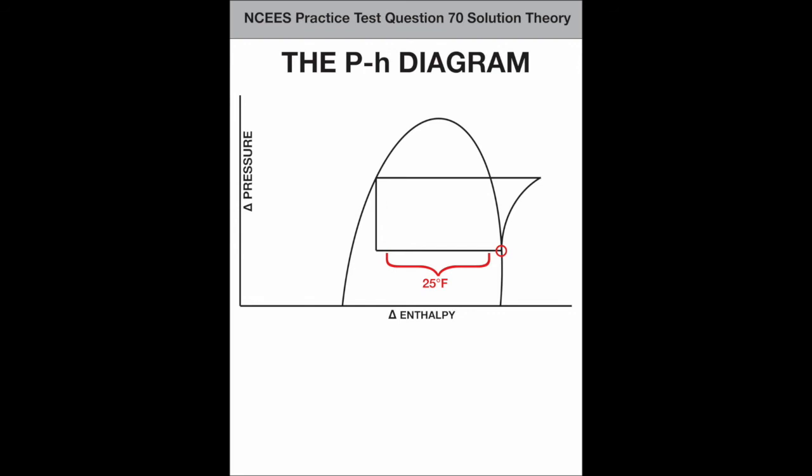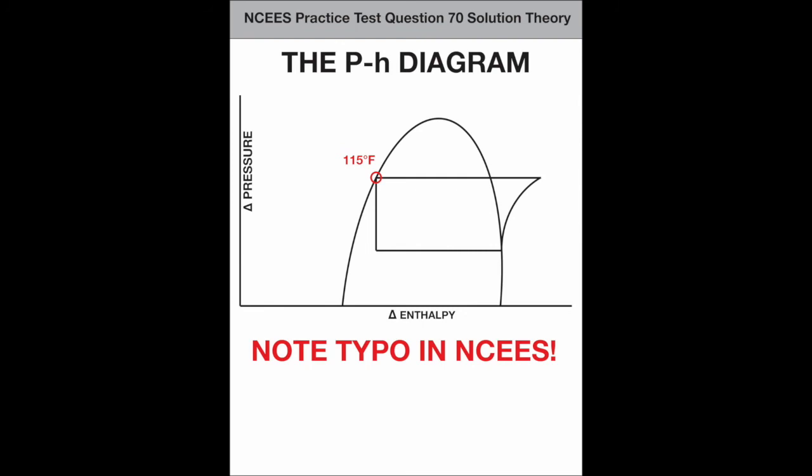The temperature of the refrigerant sent to the evaporator is found at the end of the condenser section here, 115 degrees. A quick note, in the NCEES practice test solution, there is a pH diagram which identifies this point at 104 degrees. This is a typo. The point really is 115 degrees.